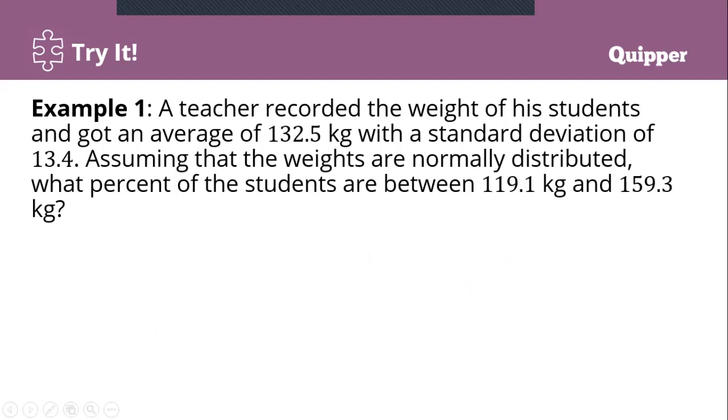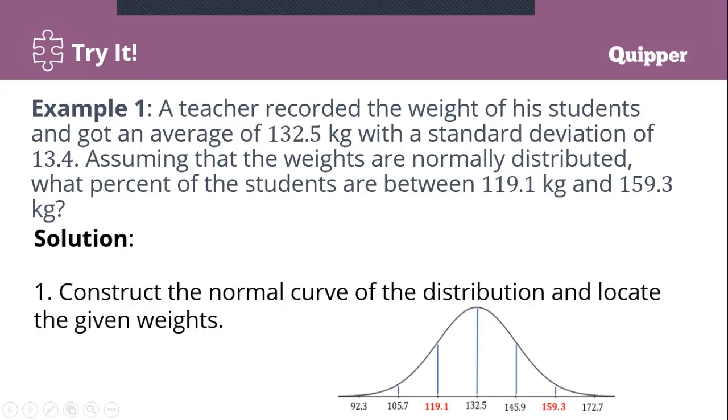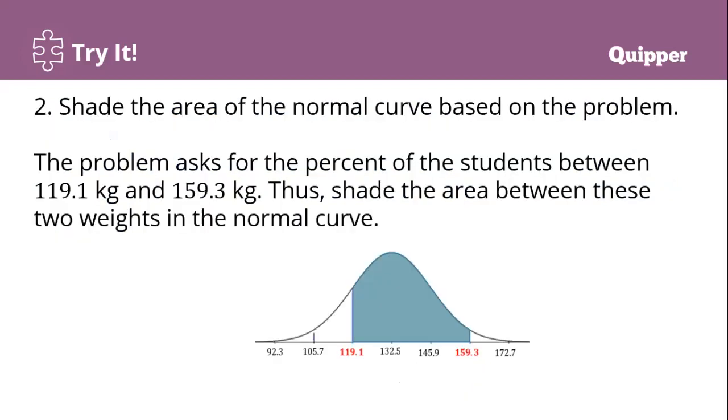Assuming that the weights are normally distributed, what percent of students are between 119.1 kilograms and 159.3 kilograms? Solution: we need to construct a normal curve or distribution and locate the given weights. The mean is always the center, and the given mean is 132.5. Then we locate 119.1 kilograms and 159.3 kilograms.